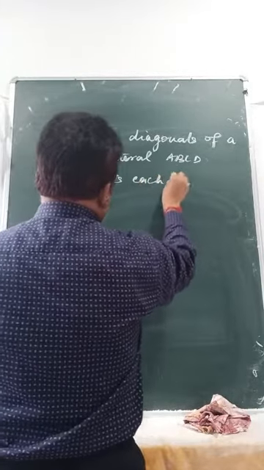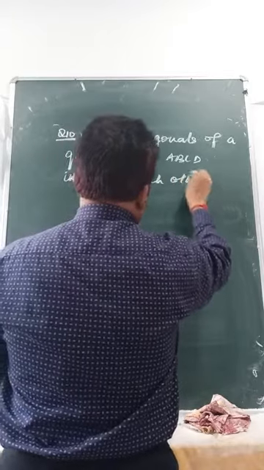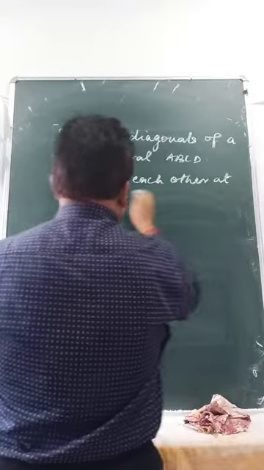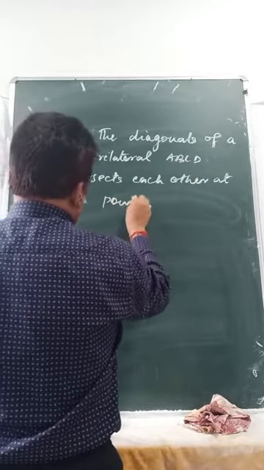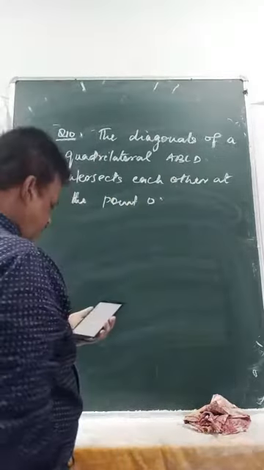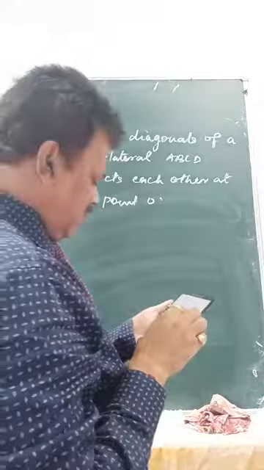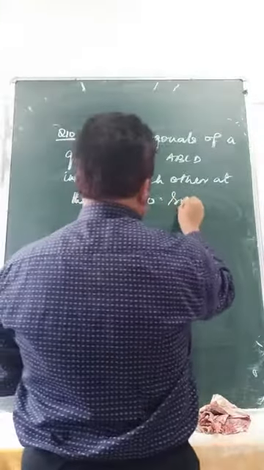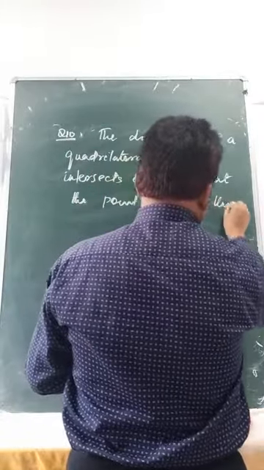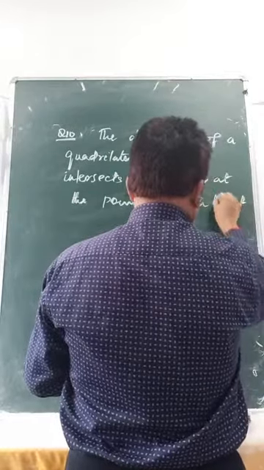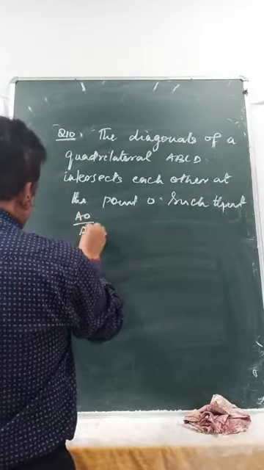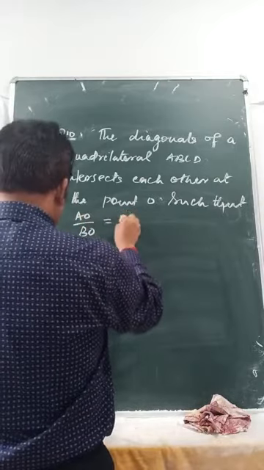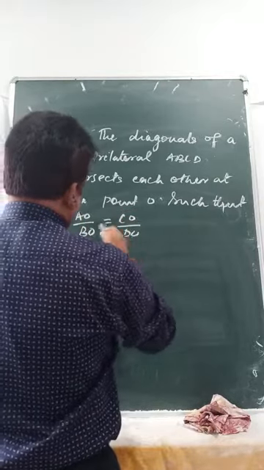The diagonals intersect each other at the point O, such that AO by BO equals CO by DO.